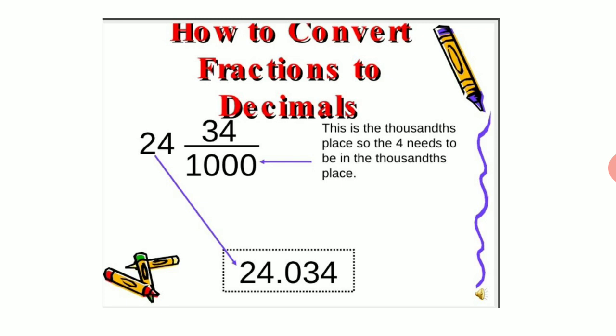So in that tenths place we put a 0. So it becomes 0 by 10 plus 3 by 100 plus 4 by 1000, and before the decimal we have the whole number 24, with 2 tens and 4 ones.